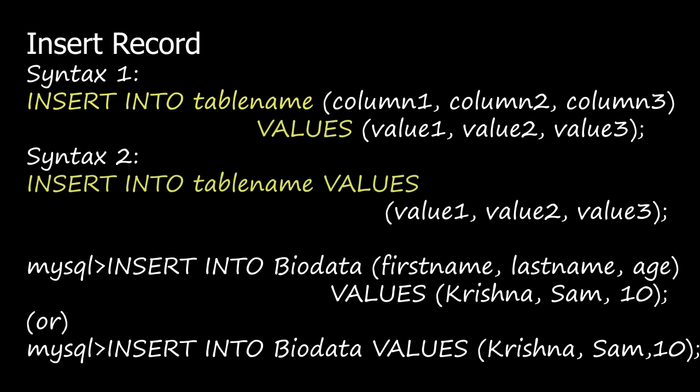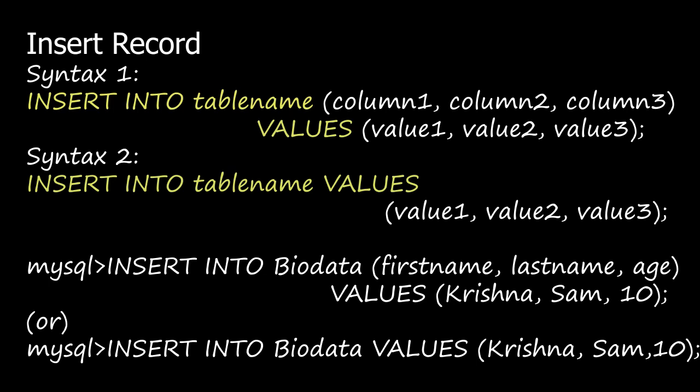Then next we have to give the values. Values, and then in the bracket we have to give Jenny, and then the age, and then the profession. Likewise, we have to give the values inside the next bracket.